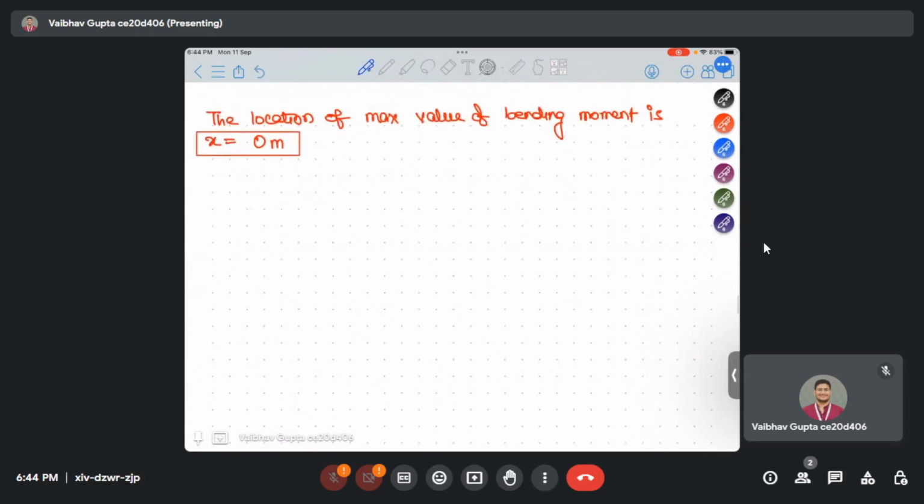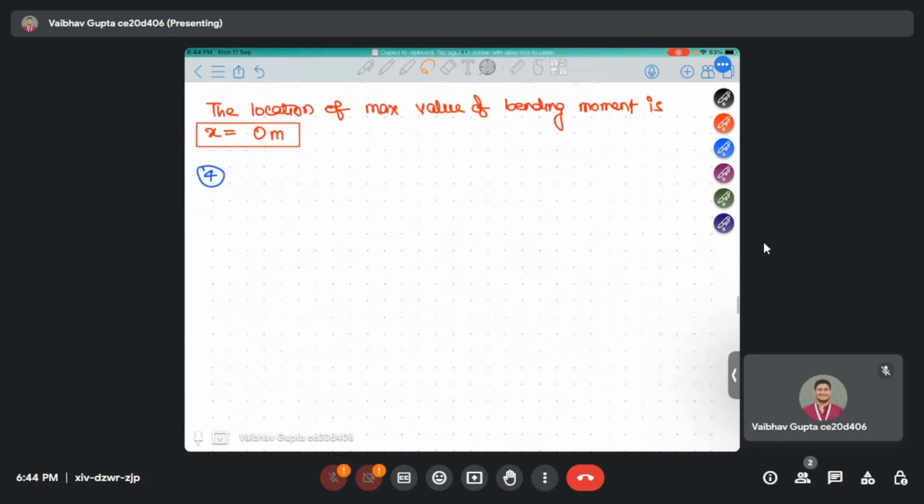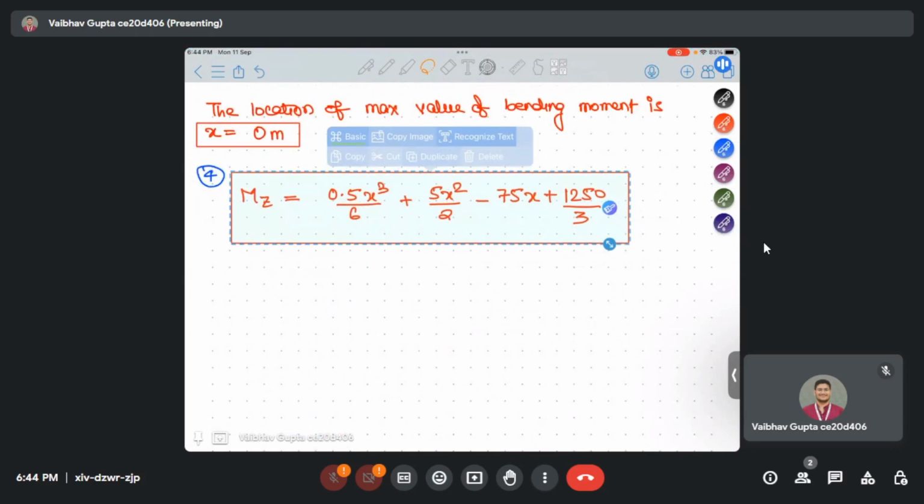Fourth part. I'll take the Mg expression from here, equation 3. This is the Mg expression we got.